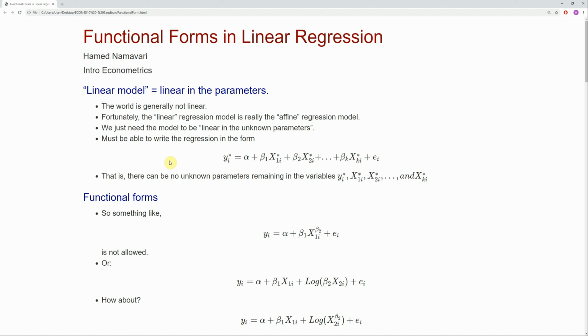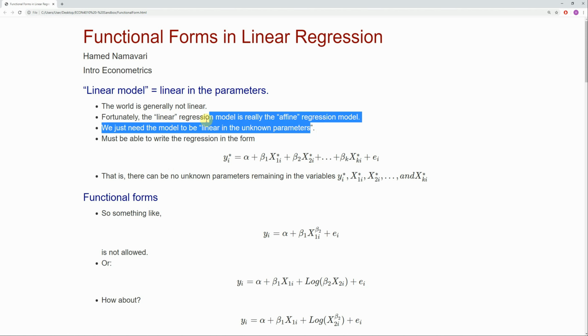Anytime that we want to use the OLS model or the linear model that we have been working with so far in this course, we need to make sure that the model is linear in the unknown parameters.